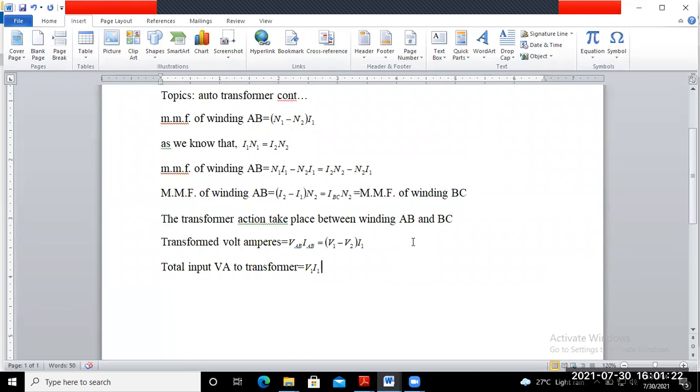Now, if you want to find the ratio of the transformed volt ampere to the input volt ampere, that means the ratio of V1 minus V2 into I1 divided by V1 I1, is it not?